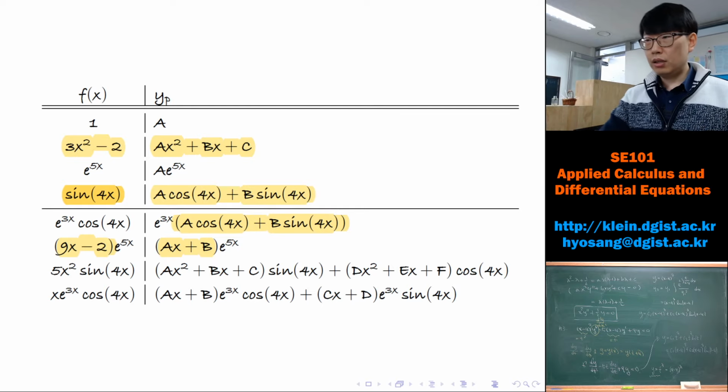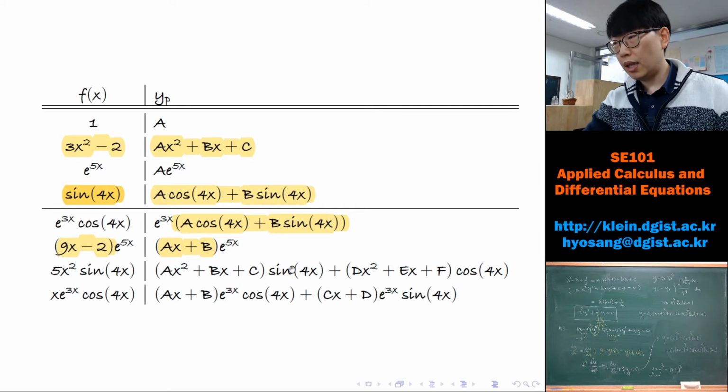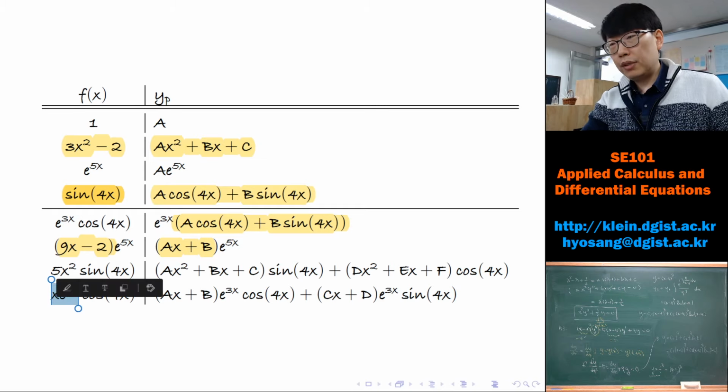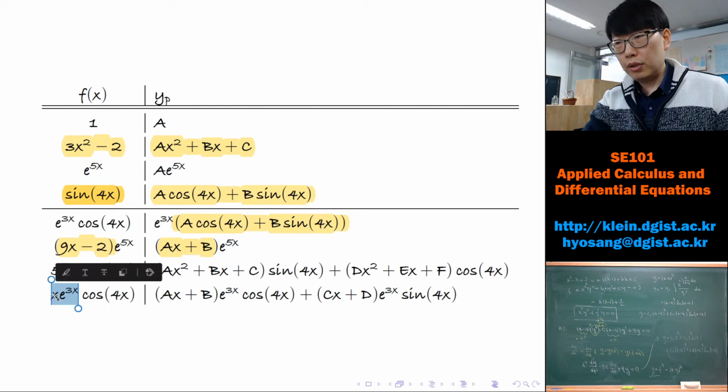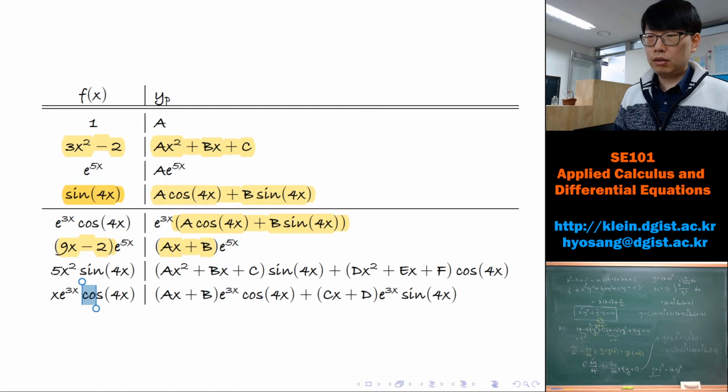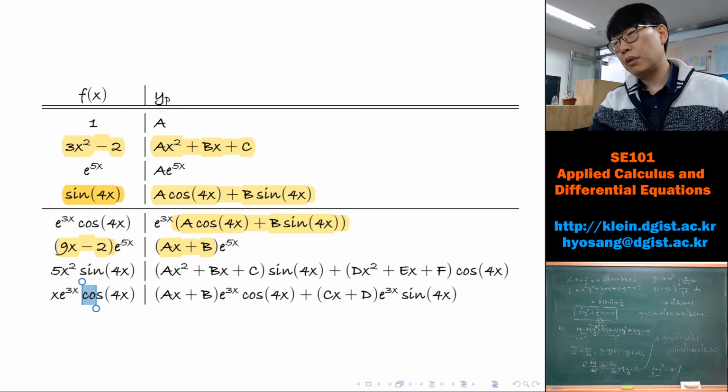So I divided it into two parts, but you can take it as one, so that the degree 2 polynomial has A, B, C terms and the sine function has D, E constant terms. I'll explain that later. And also, if you have a mix of three types of function, one is the polynomial and the others exponential and cosine, you have to take all of these into account at the same time. So first you have the degree 1 polynomial and exponential, and also you have the sinusoidal function, in the most general form.